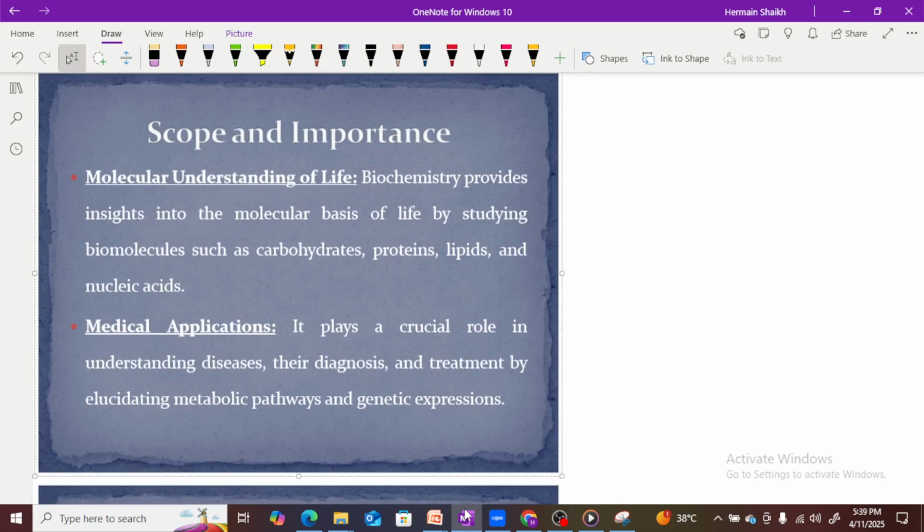Now this slide shows the scope and importance of biochemistry, such as the molecular understanding of life. Biochemistry provides insights into the molecular basis of life by studying biomolecules such as carbohydrates, proteins, lipids, and nucleic acids. Another scope lies in medical application, which plays a crucial role in understanding diseases, their diagnosis, and treatment by elucidating metabolic pathways and genetic expressions.